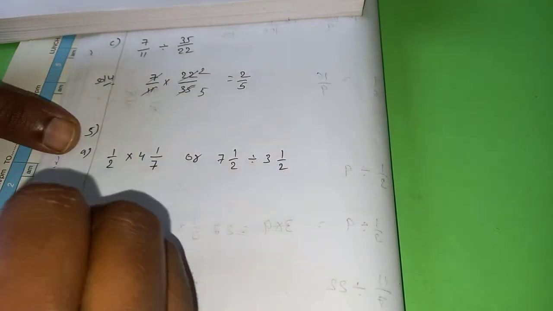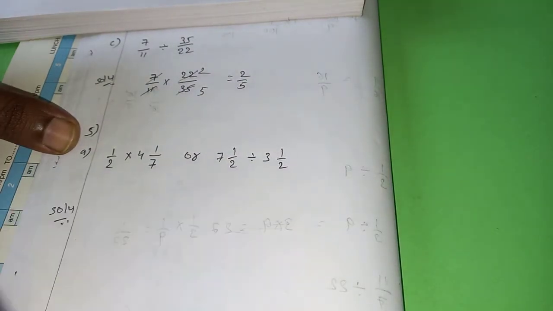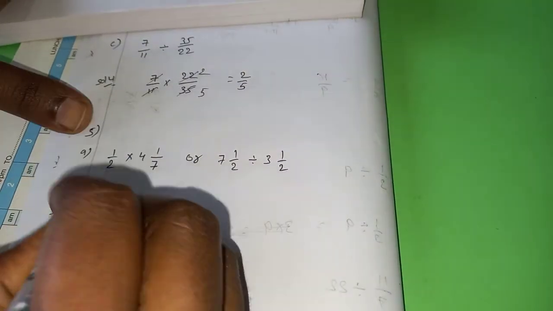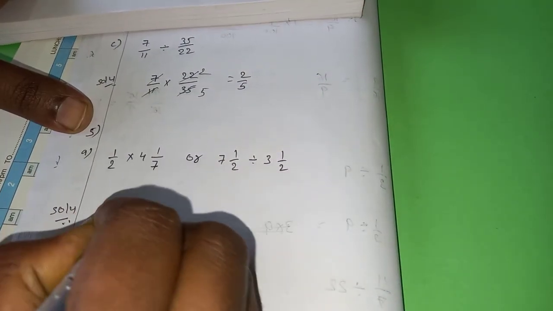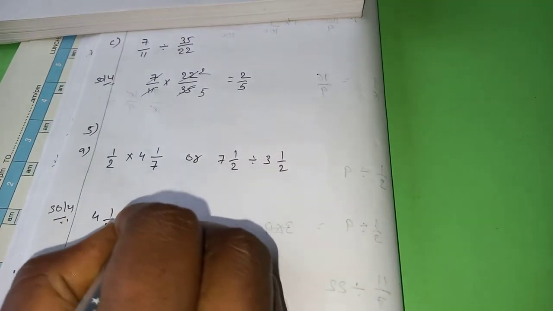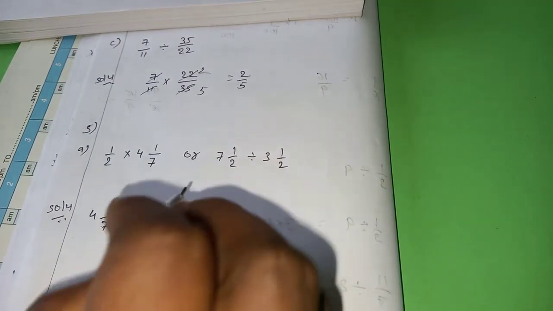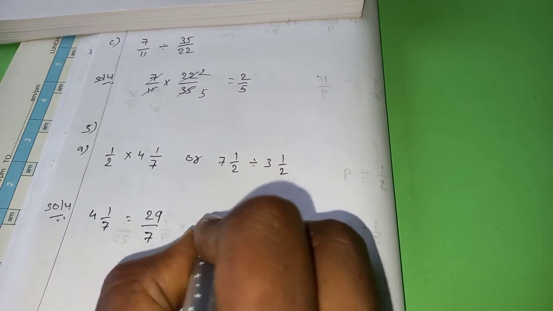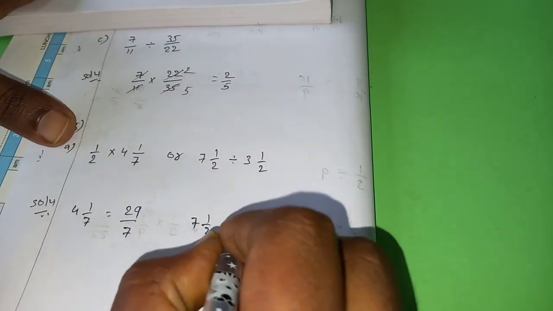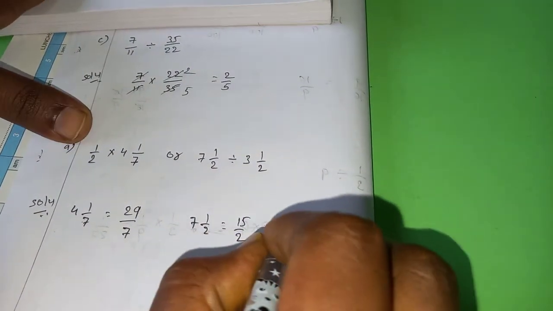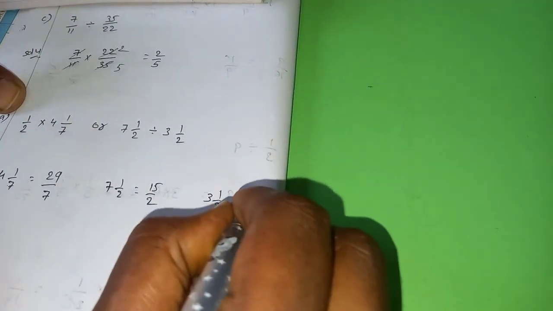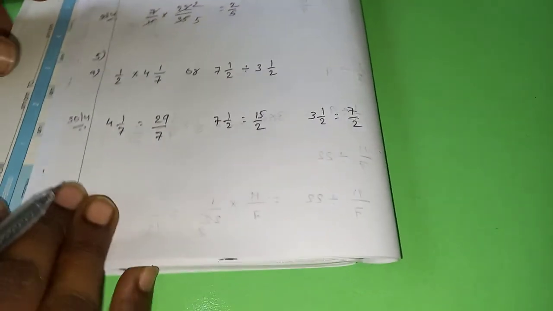First, let us convert all these numbers into improper fractions. 4 1 by 7: 7 4s are 28, 29 by 7. Next, 7 1 by 2: 7 2s are 14, 15 by 2. 3 1 by 2 means 7 by 2.